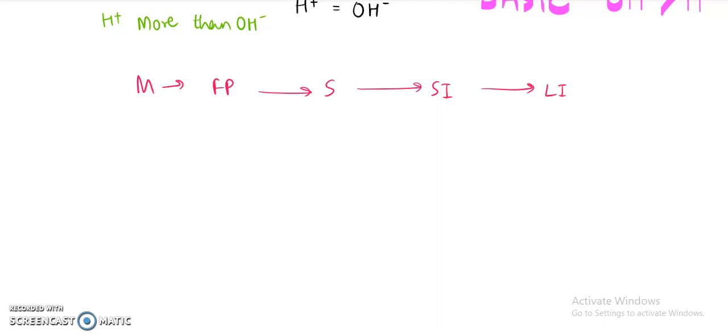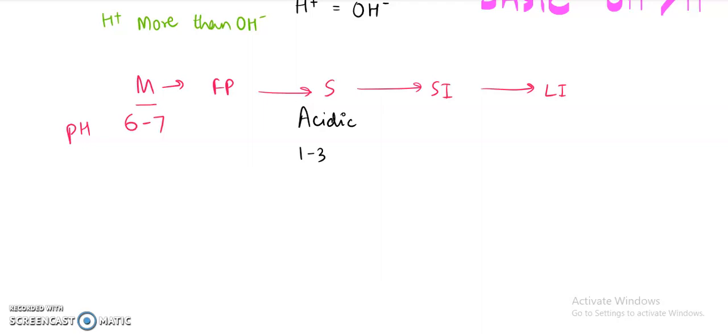For example, it is close to neutral or slightly acidic in the mouth, meaning the pH is somewhere between 6 to 7. But in the stomach, the pH is strongly acidic, somewhere between 1 to 3.